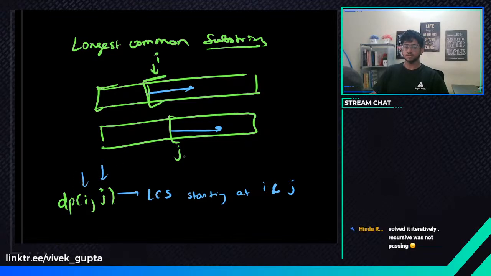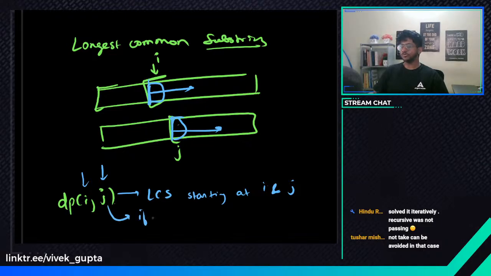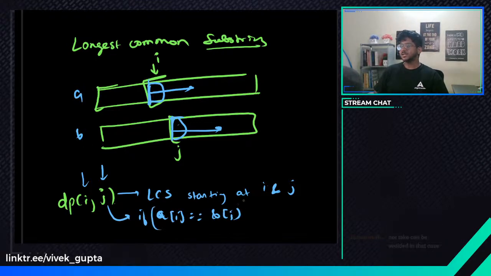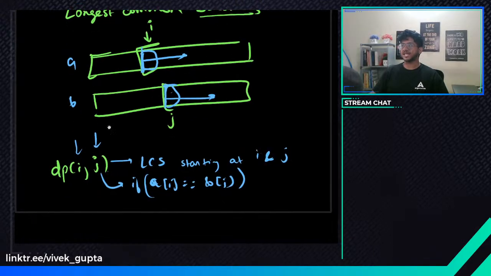So if it is starting over here and starting over here, the first character has to match or else the answer is 0. Let's call this a, let's call this b. If a of i is equal to b of j, then we have a possibility that we can extend it further. In that case, it is going to be dp of i plus 1 comma j plus 1, the longest matching between these two things, plus one more character.